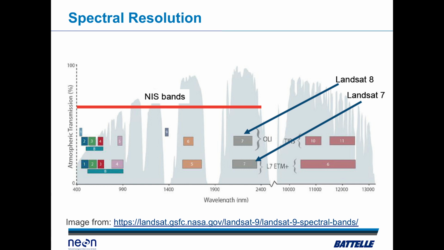You can see where the NEON bands are in relation to those satellite sensors. Remember that all that red band showing the NEON bands is divided into a whole bunch of 5 nanometer sections. But for say Landsat, it's going to measure its one band in this wide region, so that's going to cover several of the NEON bands.